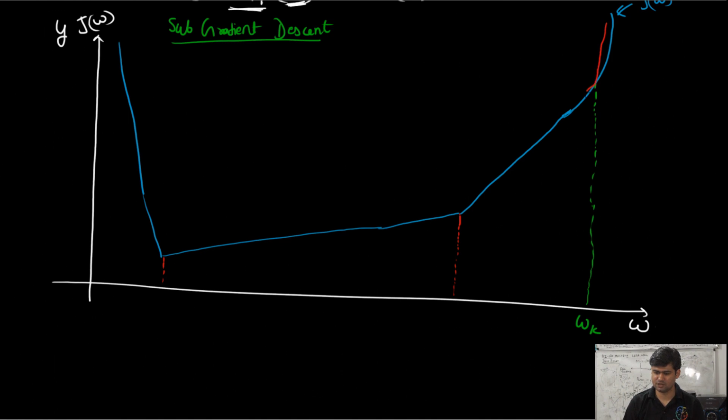It is exactly equal to J of W at wk, and it's not a kink over here. It's a smooth, differentiable function with the same value as J of W at W equal to wk. So this is our function gk.